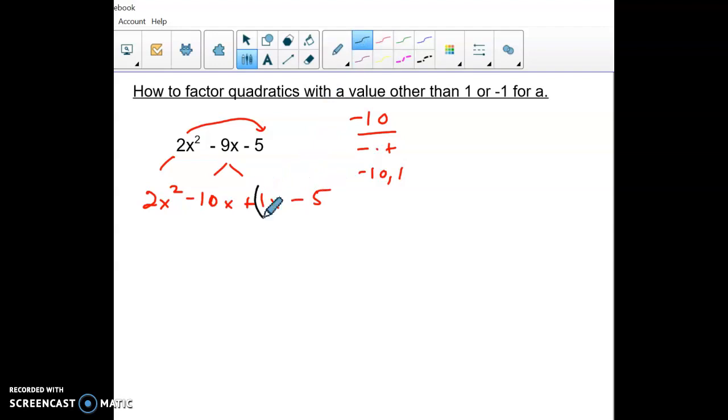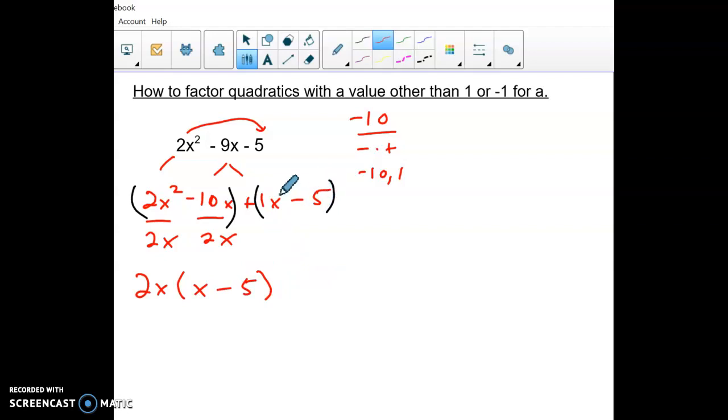Okay, now we're going to group these two, and then take out GCFs. So from the front, we can take out a 2 and an x. So divide it out, so we have 2x in front. That leaves us with x and minus 5. Okay, and back here, there is no GCF, but we can still take out at least a 1, right?